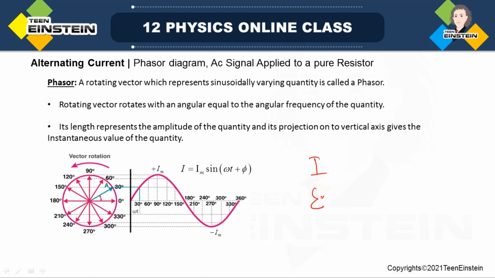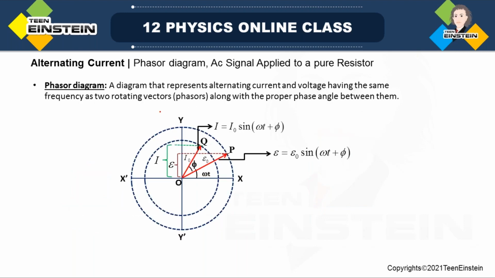You might be thinking I am talking so much, but no, I am just going to show you something here, this phasor diagram, just to make your understanding more concrete. Look, the phasor diagram represents alternating current or voltage in this chapter mainly, but phasor diagrams can be obtained for any sinusoidally varying quantities.